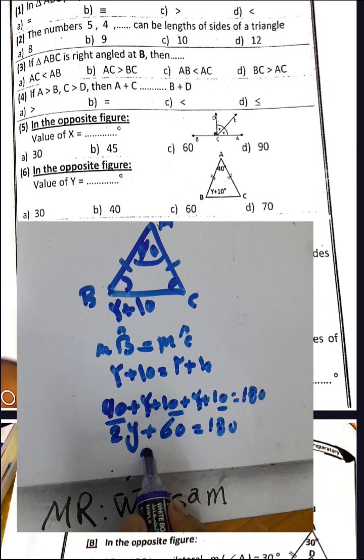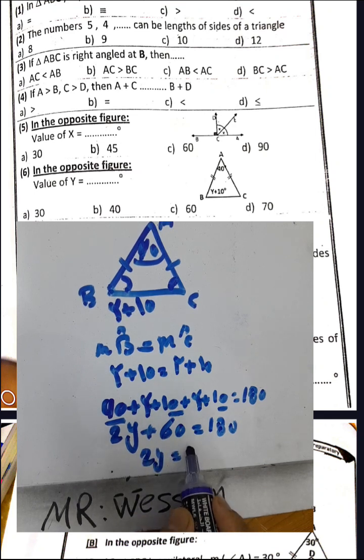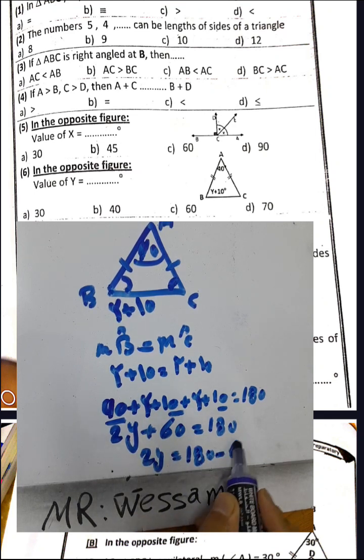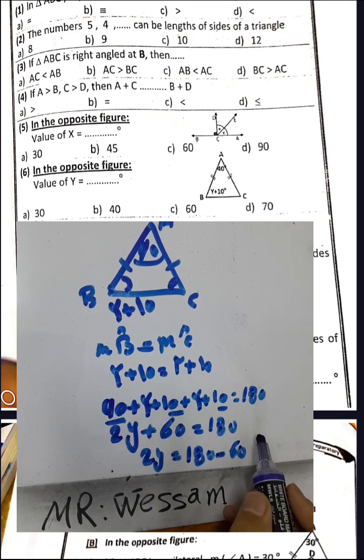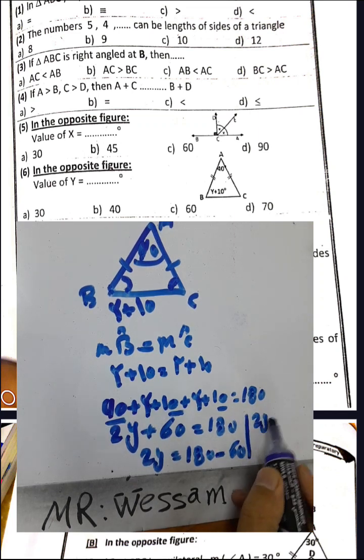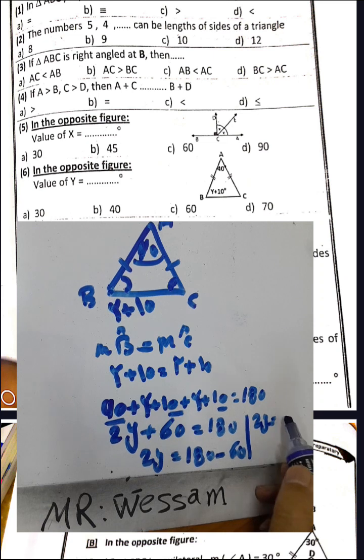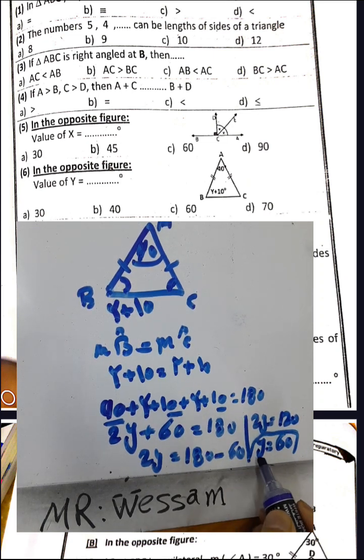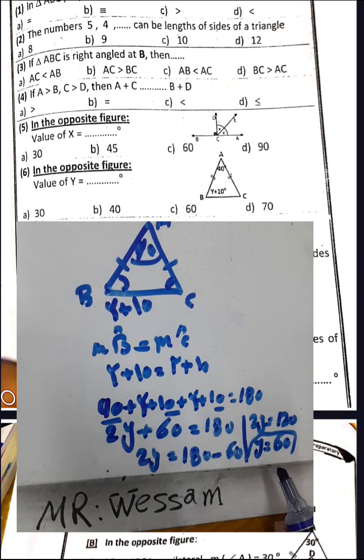Then you can find the value of y: 2y equals 180 subtract 60, which equals 120, divided by 2. The value of y will be 60.